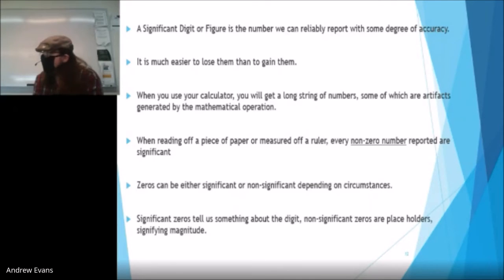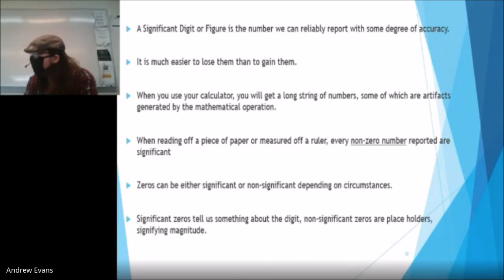A non-significant zero just says this number is very big or this number is very small. It doesn't necessarily say we actually know there are 0 people. If I know there's exactly 30 people in a club, that 30 tells me, oh, there's exactly 30.